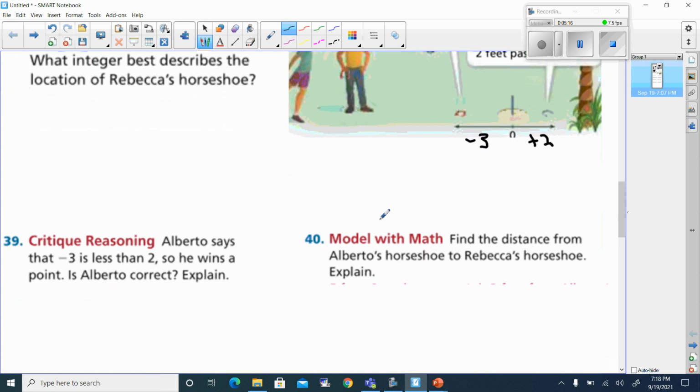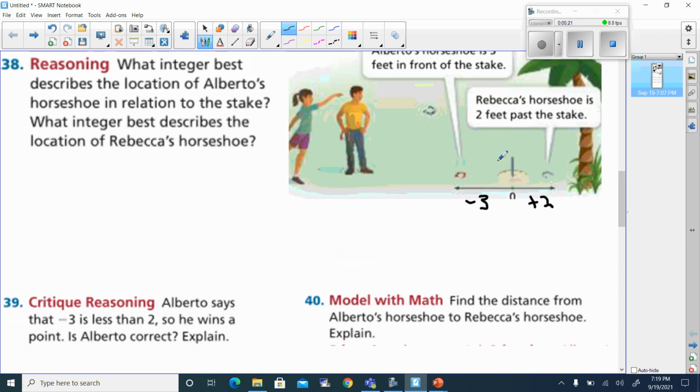Number 40, find the distance from Alberto's horseshoe to Rebecca's horseshoe. Remember, we're talking about distance, and distance is how far this is from one point to another. Let's just pretend this is -3, and the stake represents 0. Well, we would find the absolute value of -3, and that would be 3.